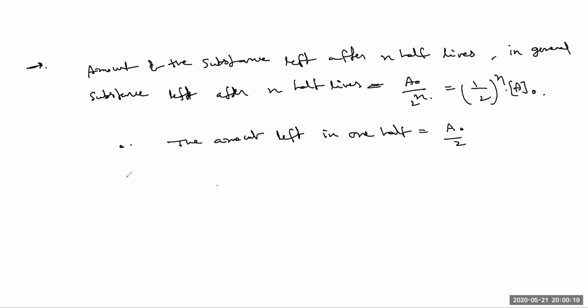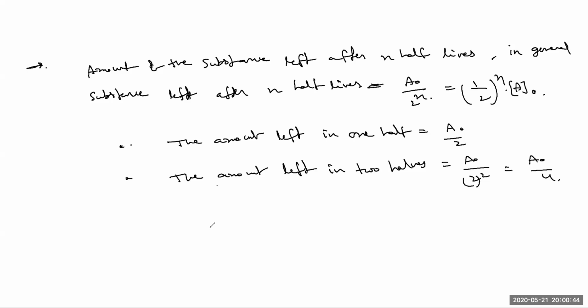The amount left in 2 half-lives is a naught by 2 whole power 2, that means a naught by 4. It is a continuation, so on.